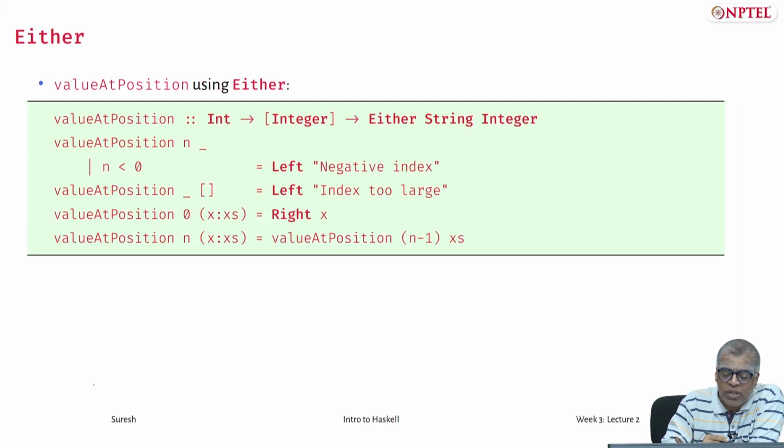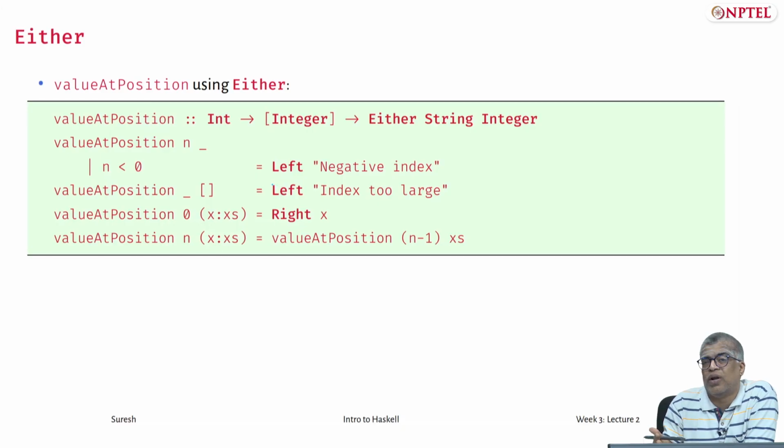Now you can actually do this. Value at position n: if n is less than 0, you can give Left negative index, one type of error message. The error messages are all from the left side. Value at position anything of an empty list is Left index too large, meaning Left is just saying that it is the left part of the Either type.